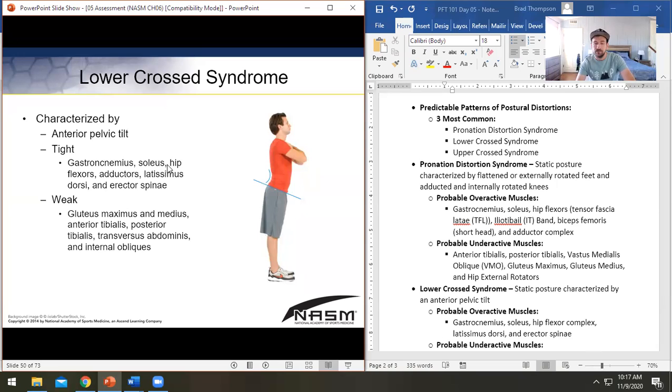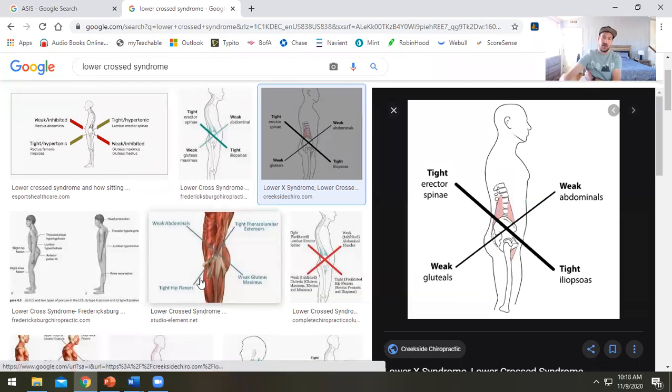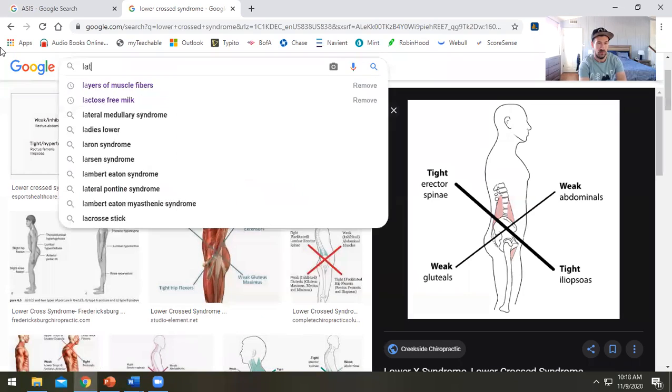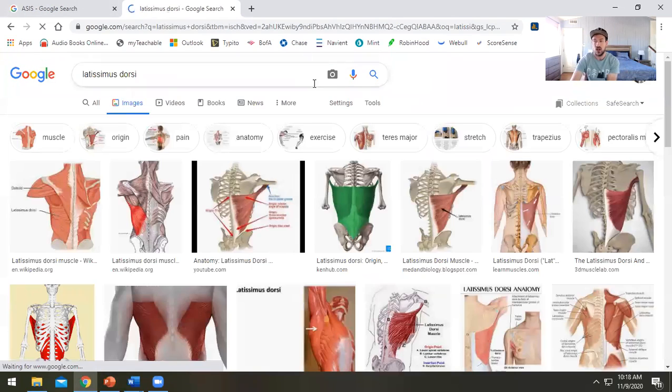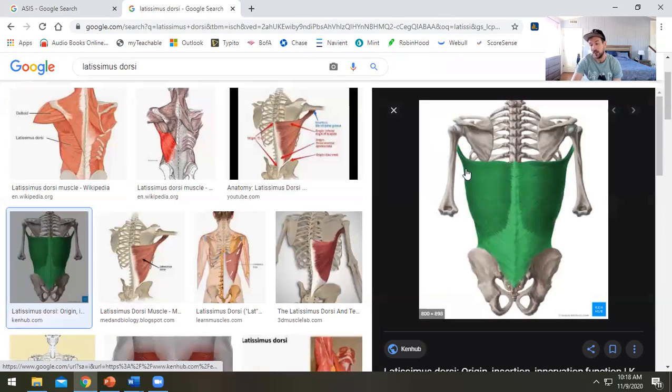So calves again. And then we see the hip flexors, right there on the front, being tight. And then the erector spinae being tight. Now here's kind of a weird one: the latissimus dorsi, your lats, these big muscles that wrap around the back of your body. Why would this muscle cause an anterior pelvic tilt? Well, your lats actually do assist a little bit in spinal extension.